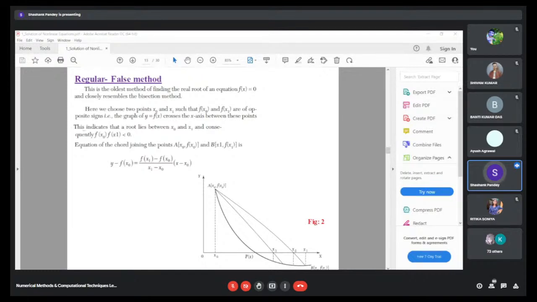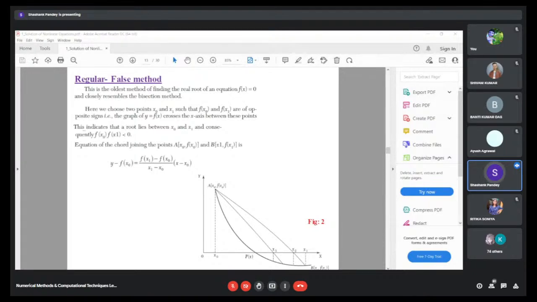If you carefully look at these points f(x0) and f(x1), and multiply them, then we will get a negative value. That means the root must be lying somewhere in the interval between x0 and x1.